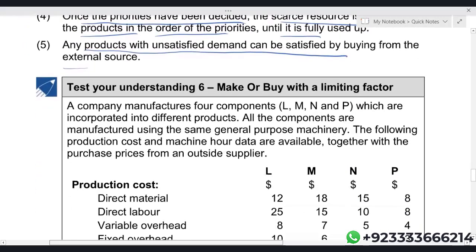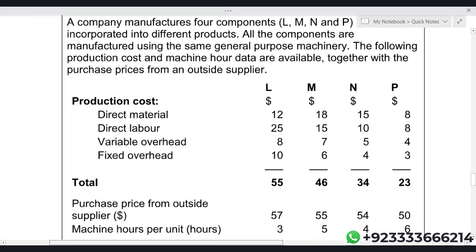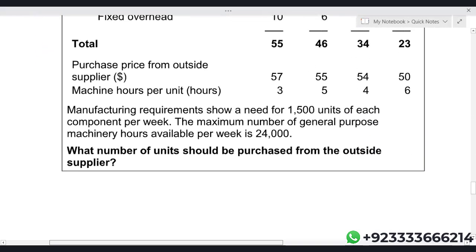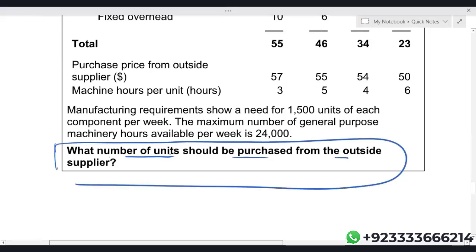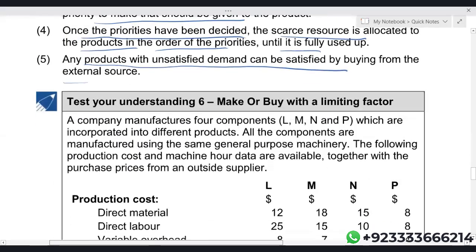Let's see. This question will give you a really good understanding of how to deal with a make or buy decision with a limiting factor. What number of units should be purchased from the outside supplier? Let's read.